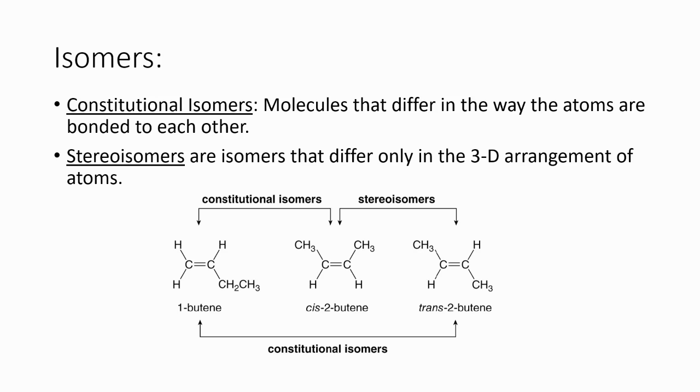Everything else about these molecules is the same, but they are called stereoisomers. They have different chemical properties, they have different physical properties, they are different molecules, but the only thing that's different is that these carbon groups are locked on the same side, and these carbon groups are locked on different sides of the double bond. So that's a stereoisomer. The only difference is the geometric arrangement of the molecules.